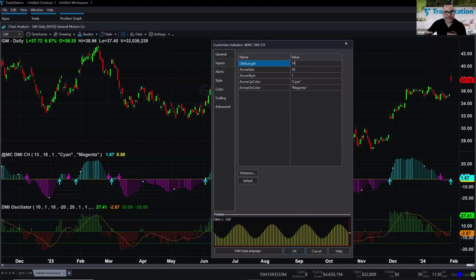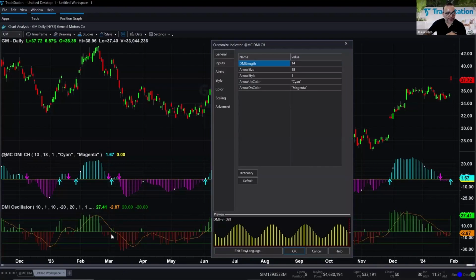Again, the parameter here is open for you to test different scenarios and see which one would have provided you better results. But in addition to the DMI parameter, you also have arrows. The nice thing about this indicator is that it draws arrows every time that there's a crossover, just for the purpose of enhancing the visual.